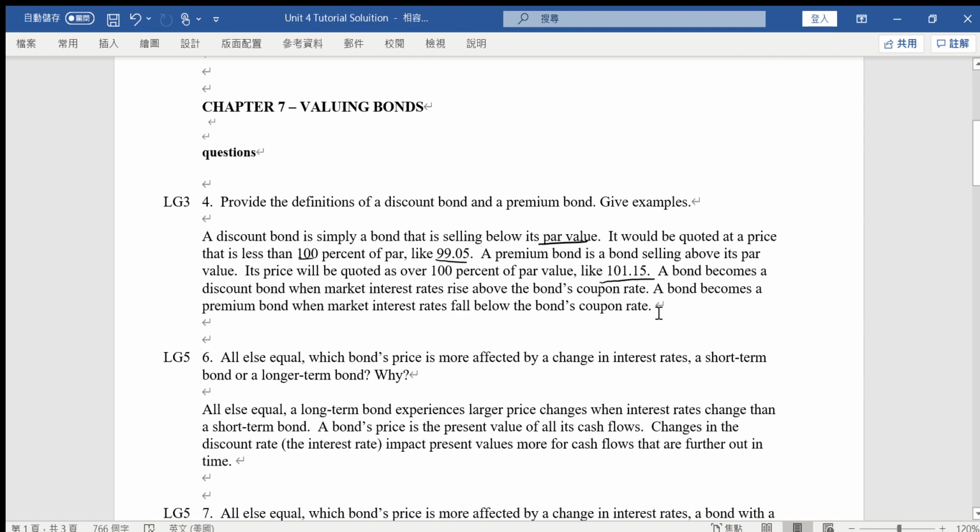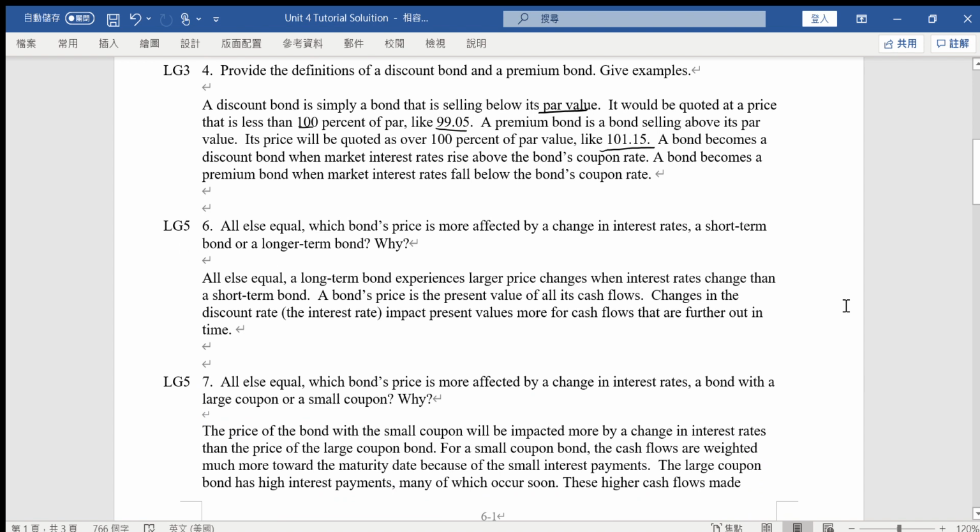Okay, then another question. For this one, you mentioned all other things being equal: which bond price is more affected by a change in the interest rate, a short-term bond or a long-term bond? Before you start to discuss, you should define what is short term and what is long term, and it is better to give an example.